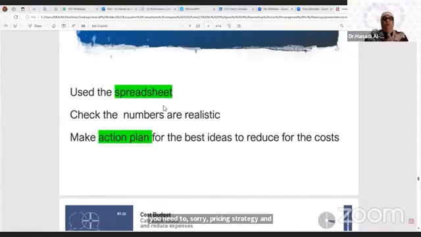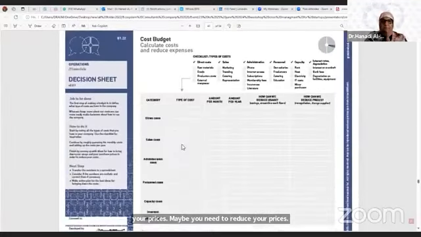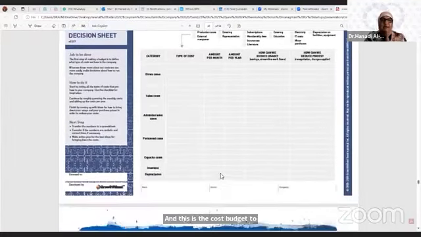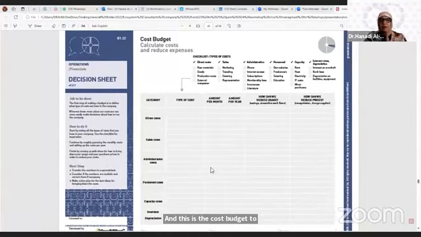Maybe you need to reduce your prices in comparison with the other competitors. And this is the cost budget to list all your prices and how you reduce these prices in comparison with the market or with your competitors.